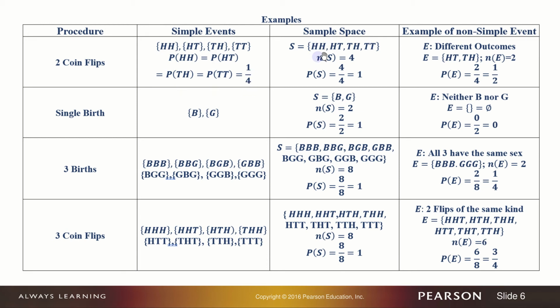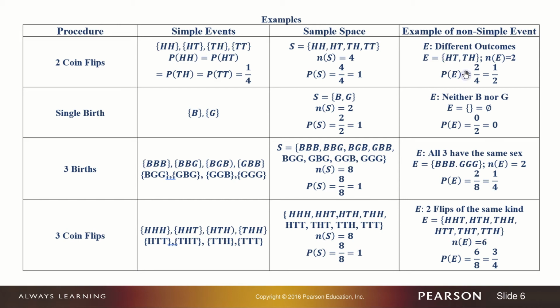The sample space, of course, is the set containing all those simple events. So notice that the cardinality of the sample space will be 4. And what's the probability of the sample space? Well, basically 4 out of 4, so it's 1. Not surprising, the probability of the sample space is always 1. So here's an example of a non-simple event in this particular scenario. What if we are interested in the event that the outcomes of the two flips are different?